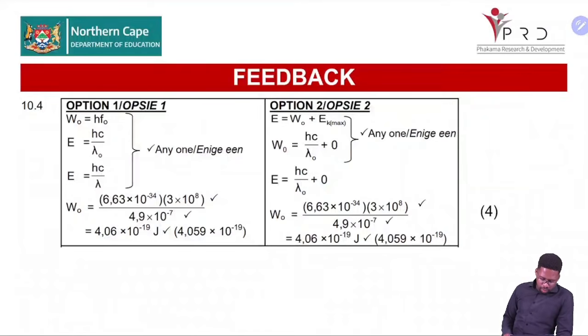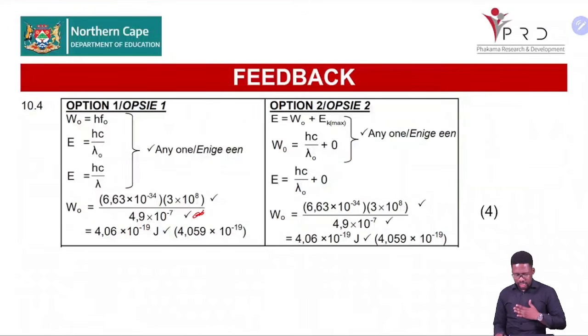Then 10.4, the question required us to calculate the work function. So we can have 2 options there. We can use the formula E is equal to hc over maximum wavelength, or we can use the one that says E is equal to work function plus EK max. What is important here?